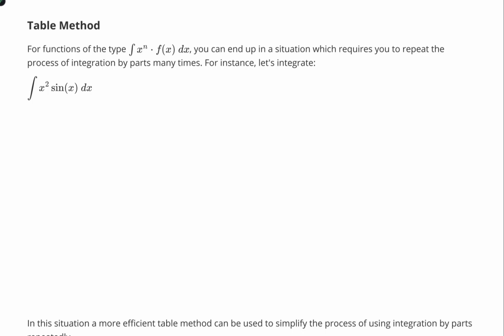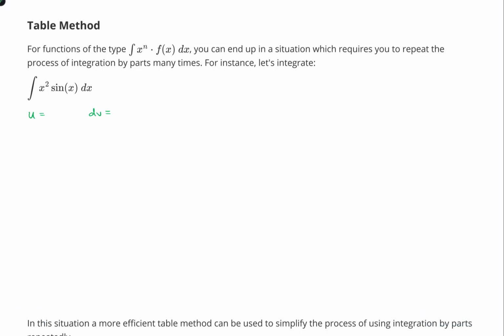So, for instance, let's take a look at the simplest of those examples, which would just be the integral of x squared times sine of x. All right, so if we are integrating this, we would start by identifying what we would like to use for u and for dv.